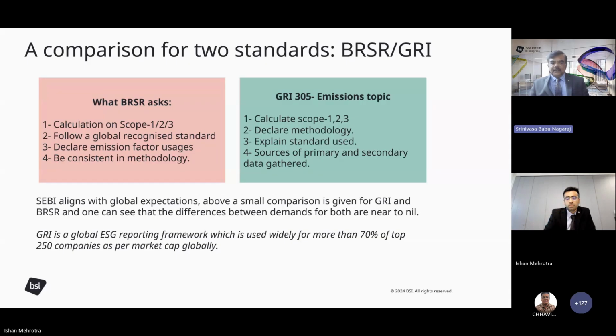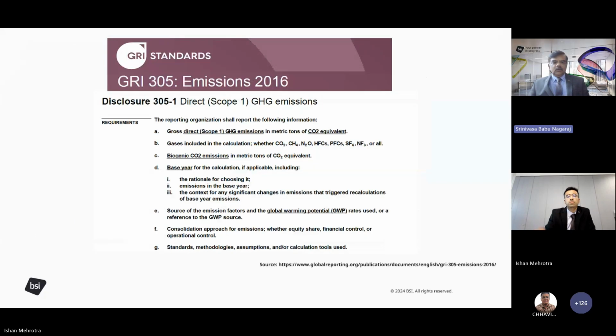And more importantly, the consistency in boundary setting and emission intensity metrics. This whole alignment ensures companies use consistent definitions, boundaries, and calculation methodologies, which are recognized globally.